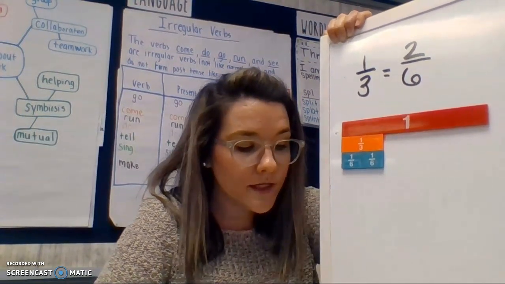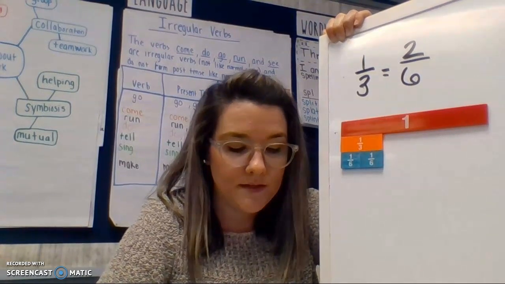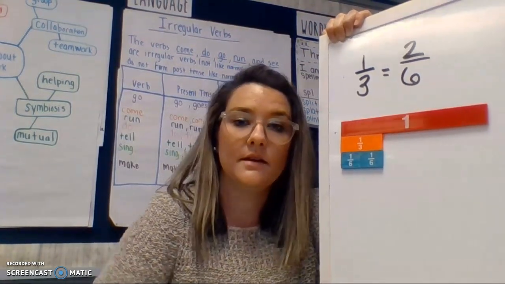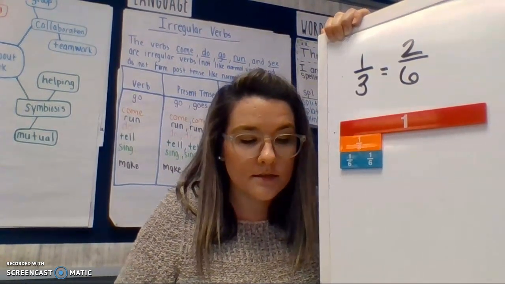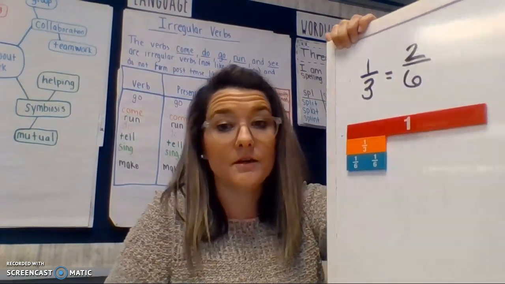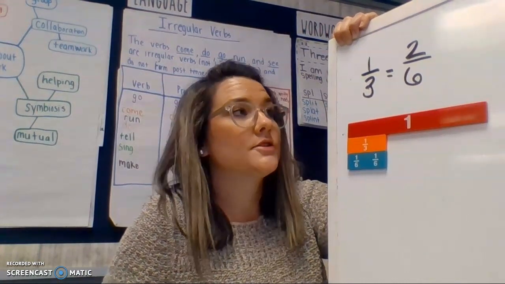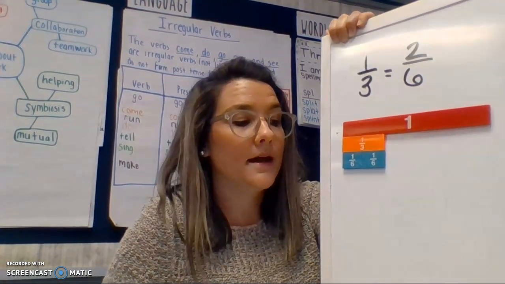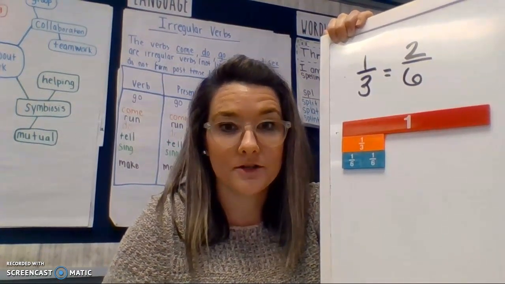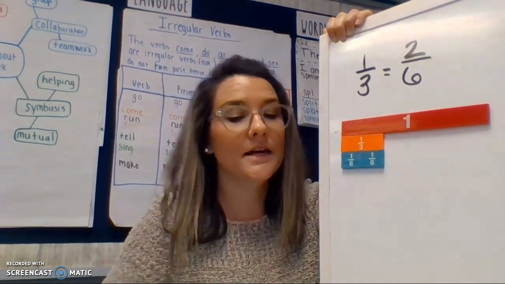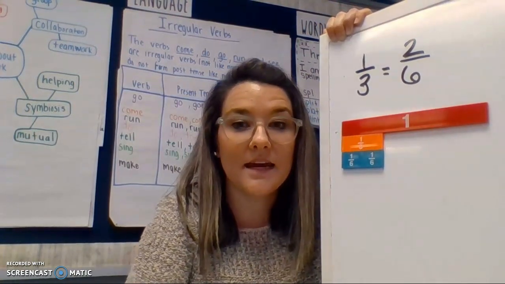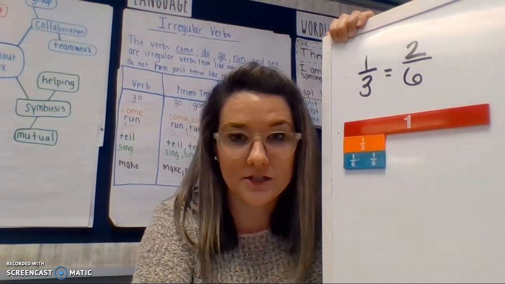We are going to use pages 356 and 357 in our next lessons and throughout the unit, so that we can continue to find equivalent fractions and be able to have discussions of comparing fractions. All right, great work today, guys, and I can't wait to continue this fraction journey with you.